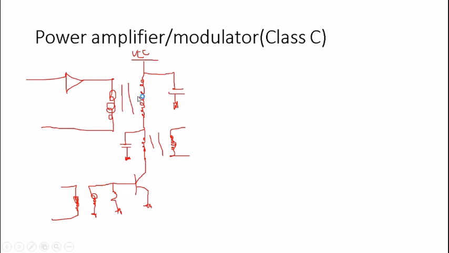As previously mentioned, we want to see how this power amplifier can work as a modulator, and we said we need a Class C power amplifier. But let's first familiarize ourselves with the components we have here.